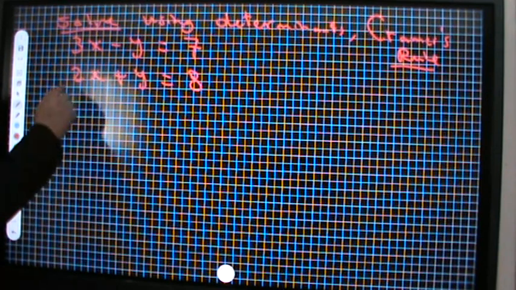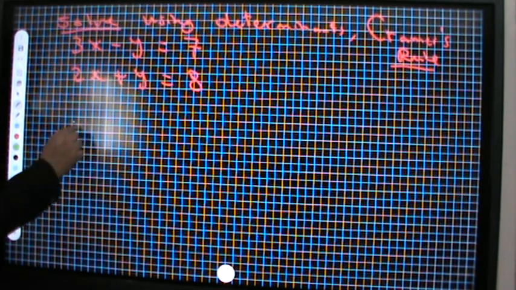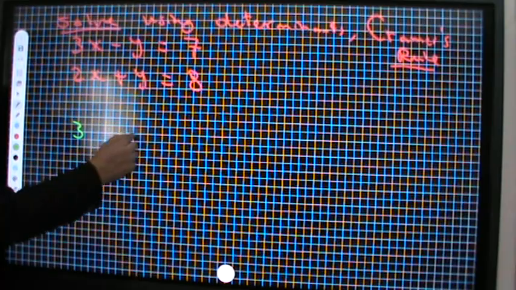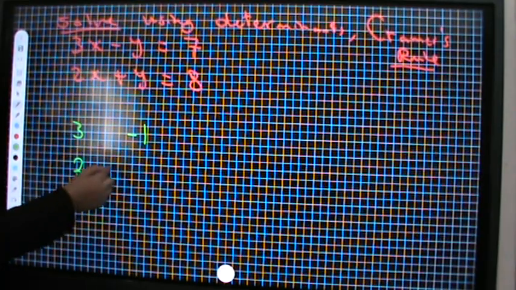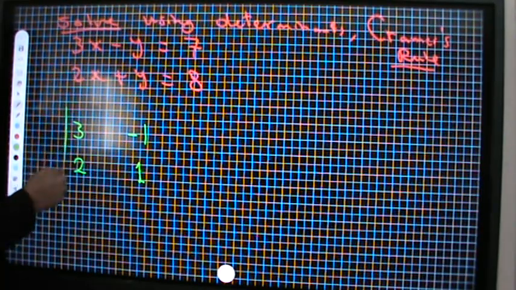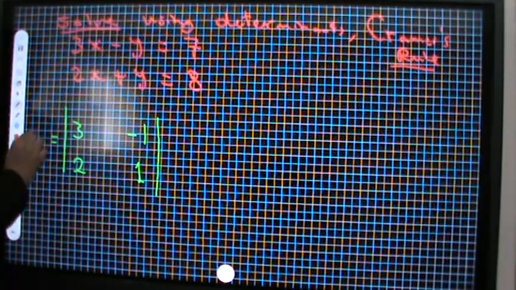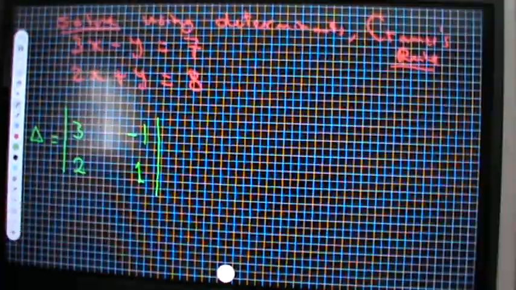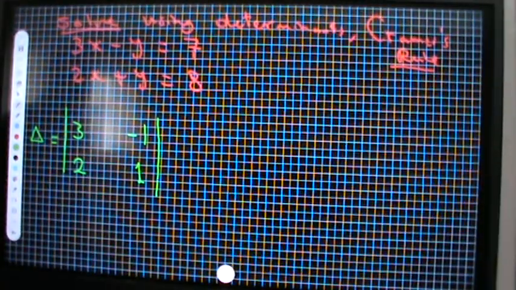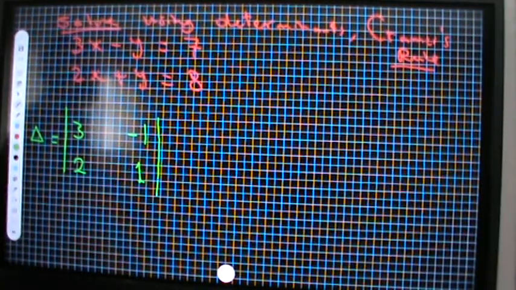You will write the coefficients of x and y, the two variables, 3, -1, 2, and 1 between two vertical lines, and we will name it delta. Then this delta must be not equal to 0.